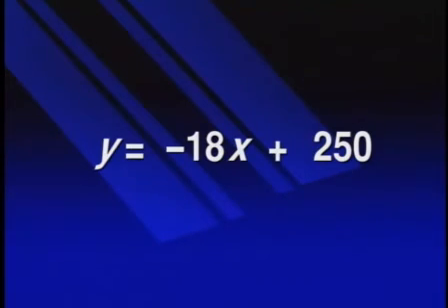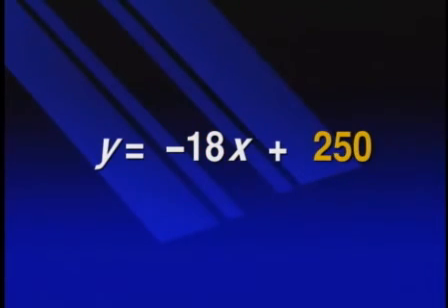Like in the previous case, we have negative 18 is the numerical coefficient of the x term or the linear term. That is the slope or the rate of change. The other important constant or value that determines this equation uniquely is the 250.